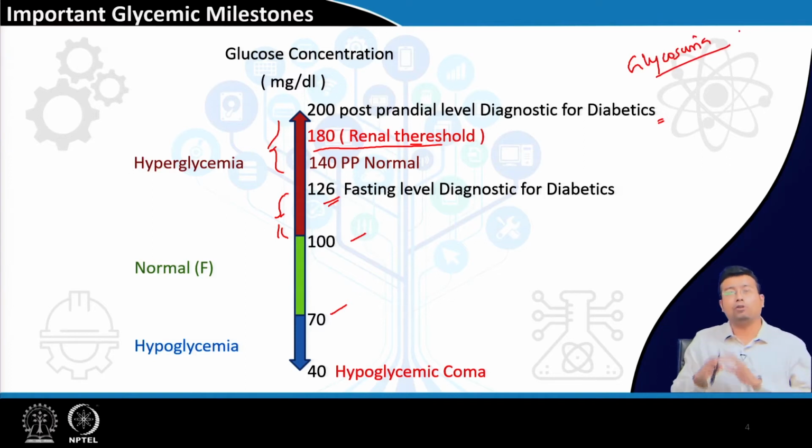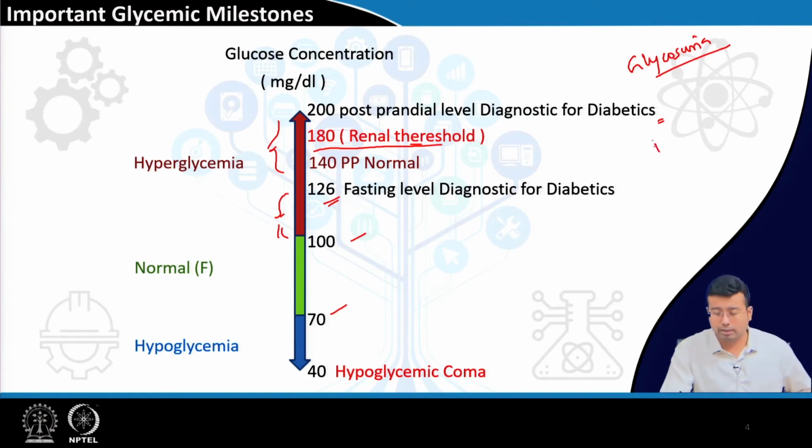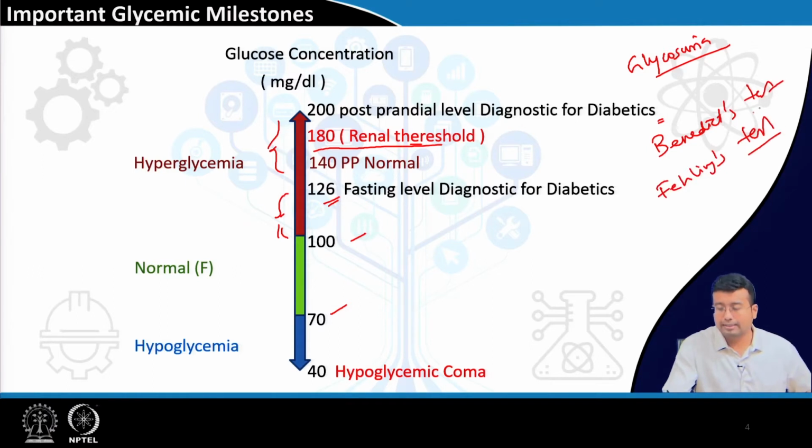In that case, we will not be getting glucose in urine. If glucose is found positive in urine, the test for reducing sugar will be positive. Those tests are Benedict's test or Fehling's test. These tests will be positive for reducing substances, because glucose is a reducing sugar.